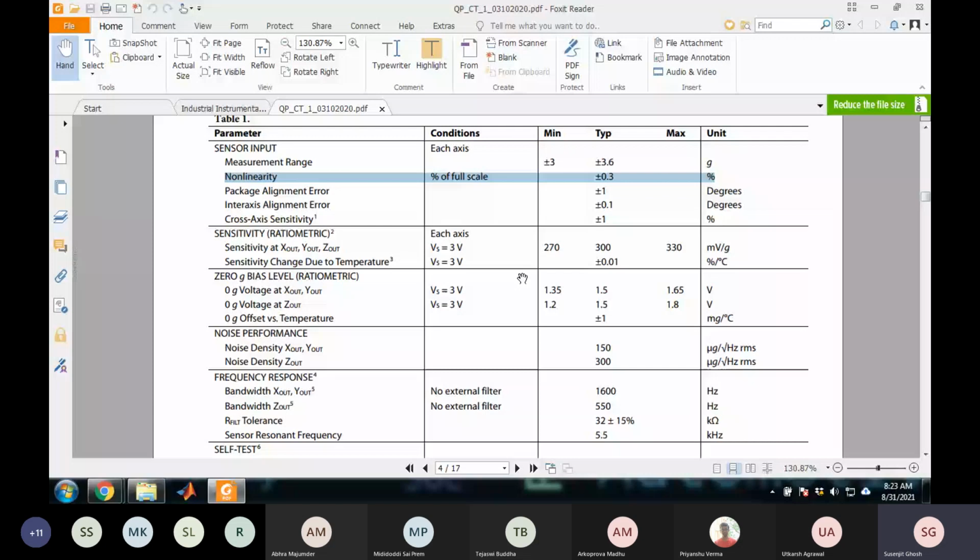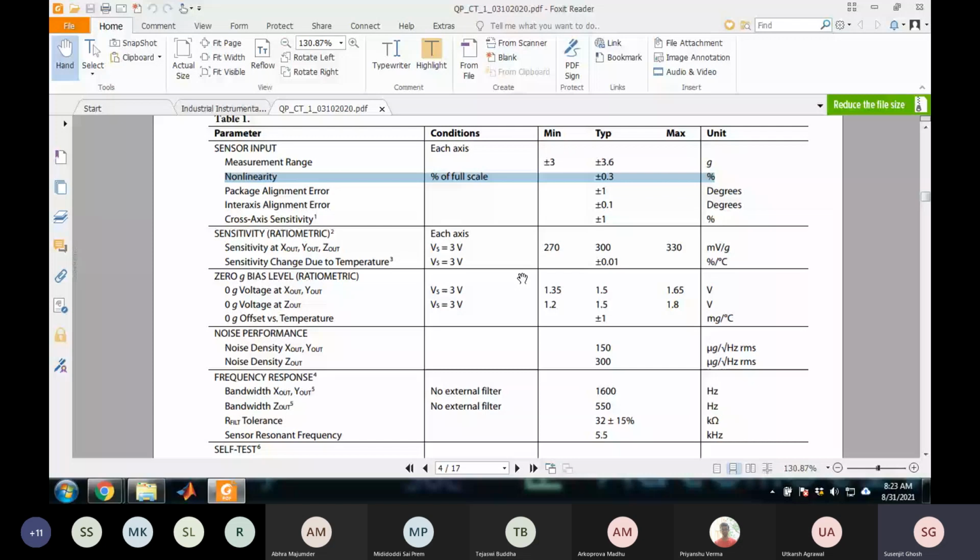Okay, so here in the sensor input specification, the non-linearity is given as a percentage of full scale value.